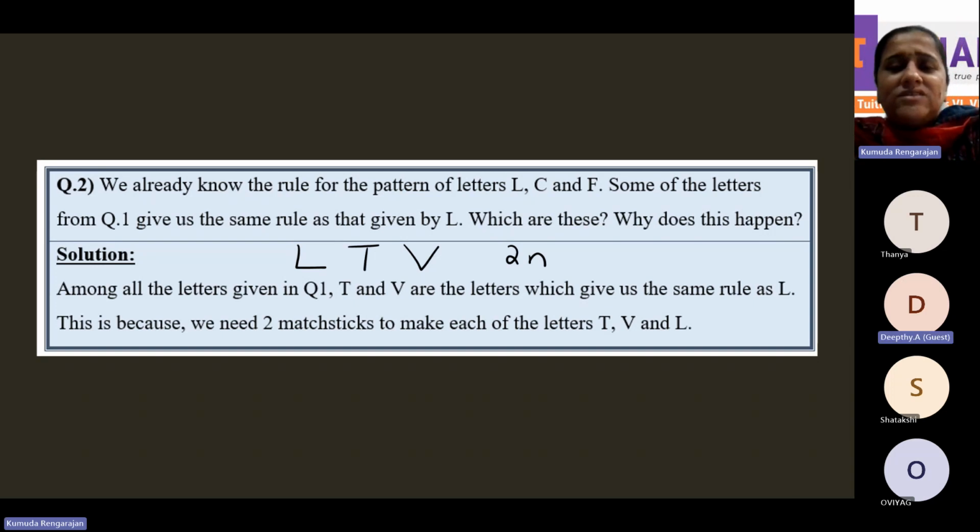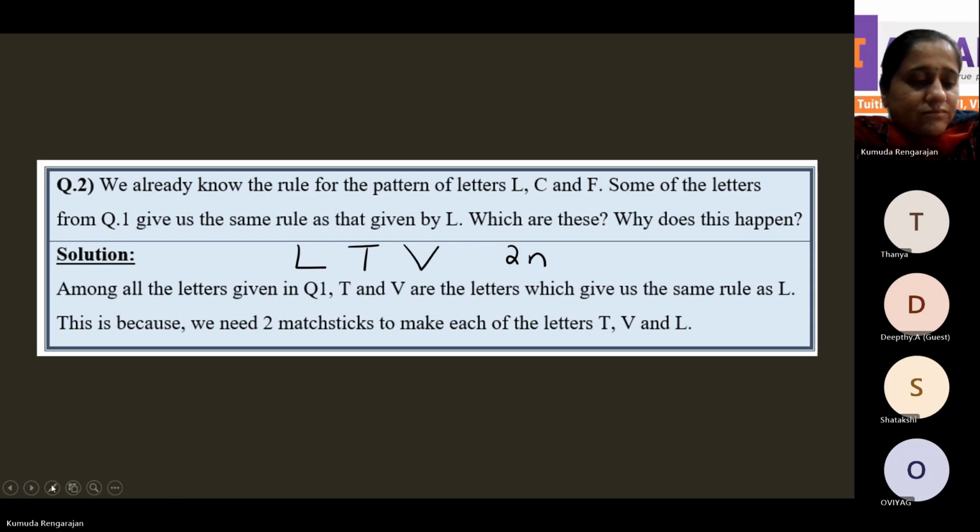Why do all these 3 letters have the same rule 2N? Ma'am, because it requires matchsticks. Yeah, that's because to make the pattern of the letter L, we need 2 sticks. To make the pattern of the letter T, we need 2 sticks. To make the pattern of the letter V, we need 2 sticks. And hence, all these 3 share the same rule 2N.